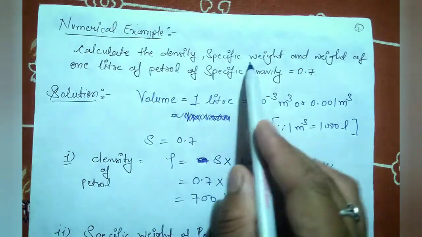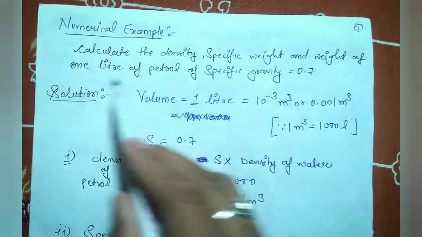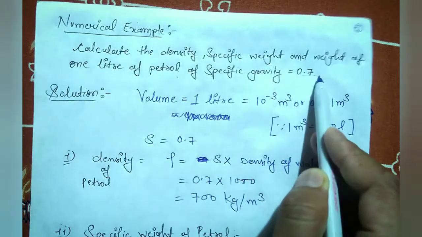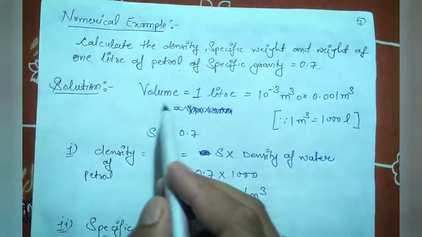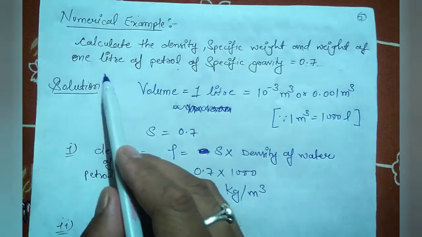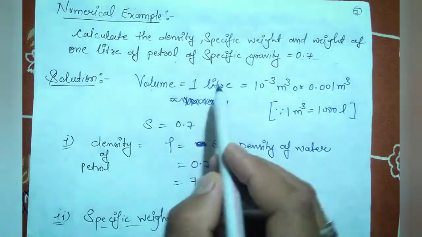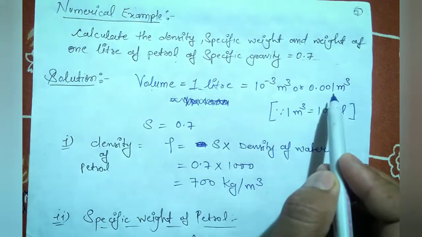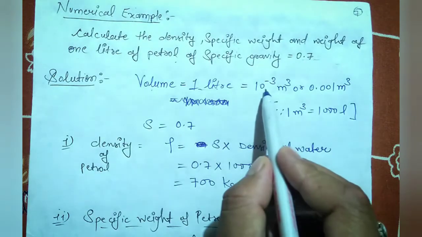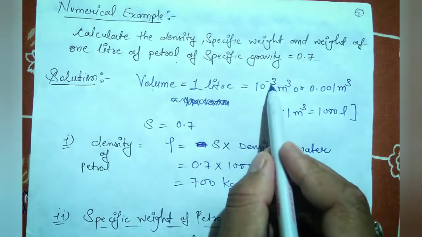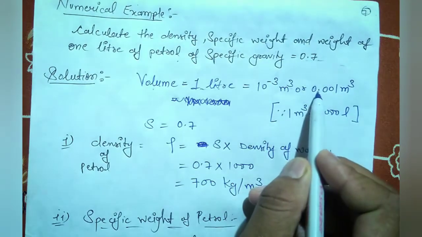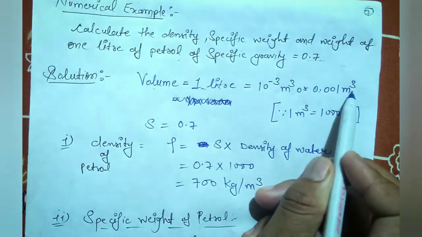Calculate the density and specific weight of 1 liter of petrol of specific gravity 0.7. Okay, so the given condition is volume 1 liter. We'll first of all convert it into SI units, so 10 raised to power minus 3 meter cube. Okay, so we can write it here as 0.001 meter cube.